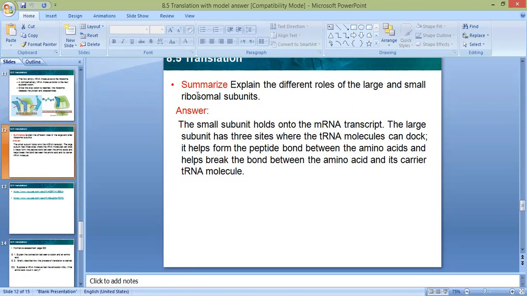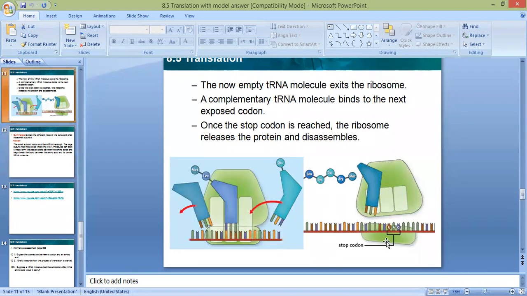Now I want to answer this question. Summarize: explain the different roles of the large and small ribosomal subunits. What is the role of the small subunit of the ribosome and of the large subunit? What are the functions? Who can tell me? What is the function of the small subunit? Murad?